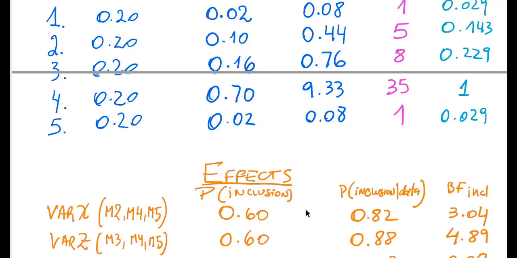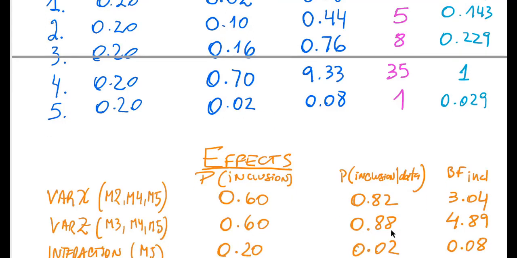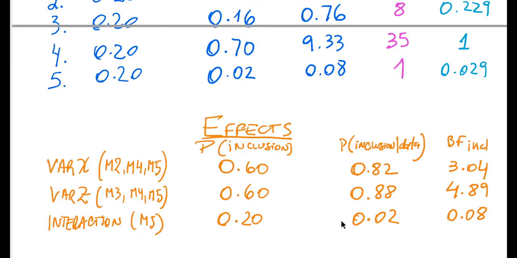For variable z, we need the probability for model 3, model 4, and model 5. So that's 0.16 plus 0.70 plus 0.02, and that's 0.88, and that's what is noted here. And the interaction only adds 0.02 because it's the only model in which this variable appears.